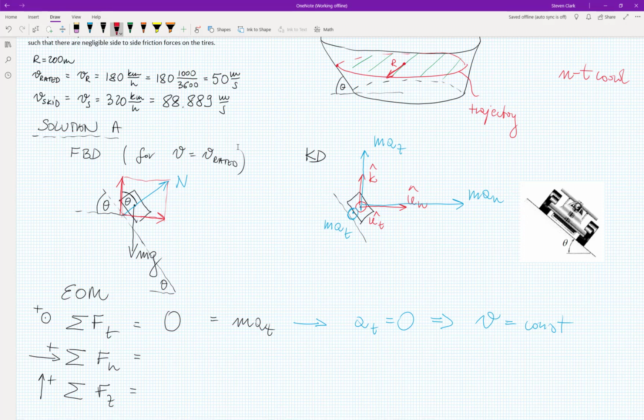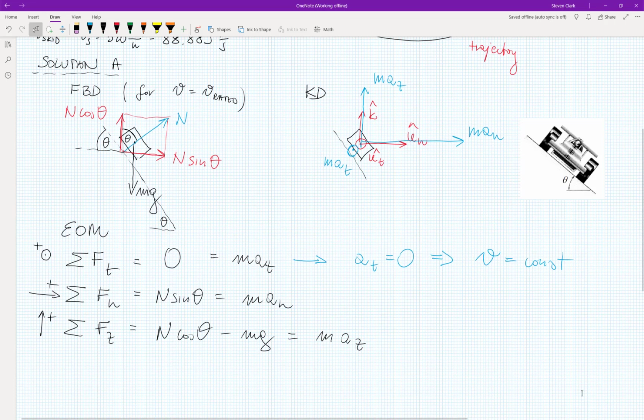So with that theta, this will be N sine theta, and this guy will be N cosine theta. Nice. So this is N sine theta, pointing this way, and this is equal to m a_N, and in the Z direction, I will have N cosine theta minus mg, and this is equal to m a_Z.